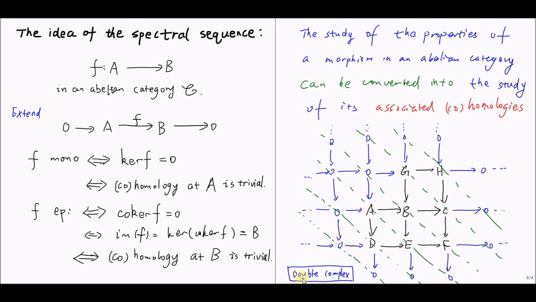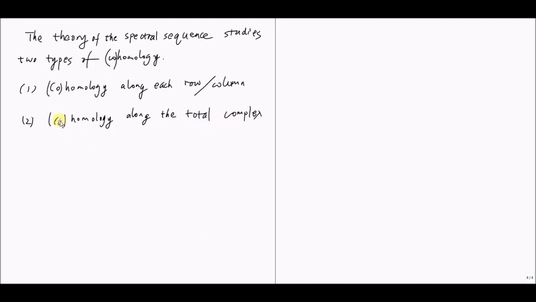There will be a differential from a direct sum of objects to the direct sum of objects in the next degree, and each D will be induced by the vertical and horizontal maps. So this is the second type of cohomology or homology we will study in the theory of spectral sequence.